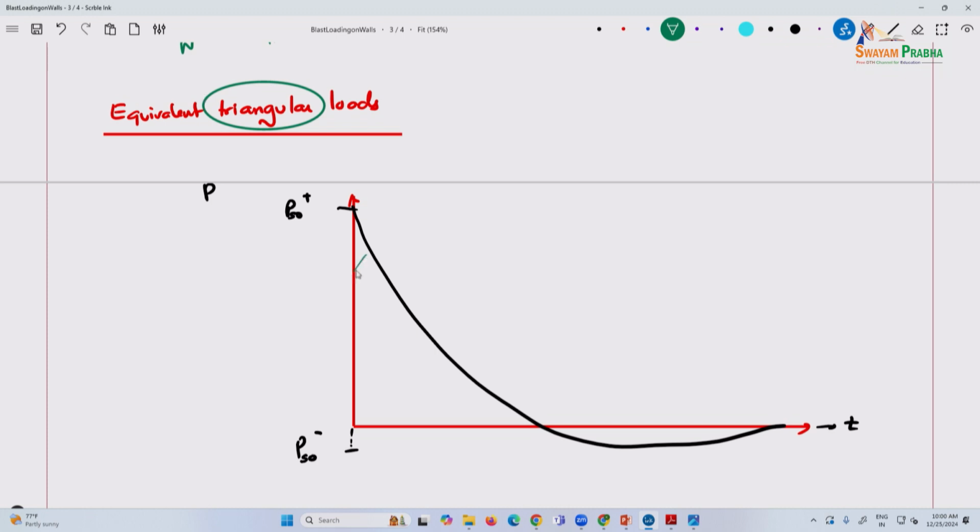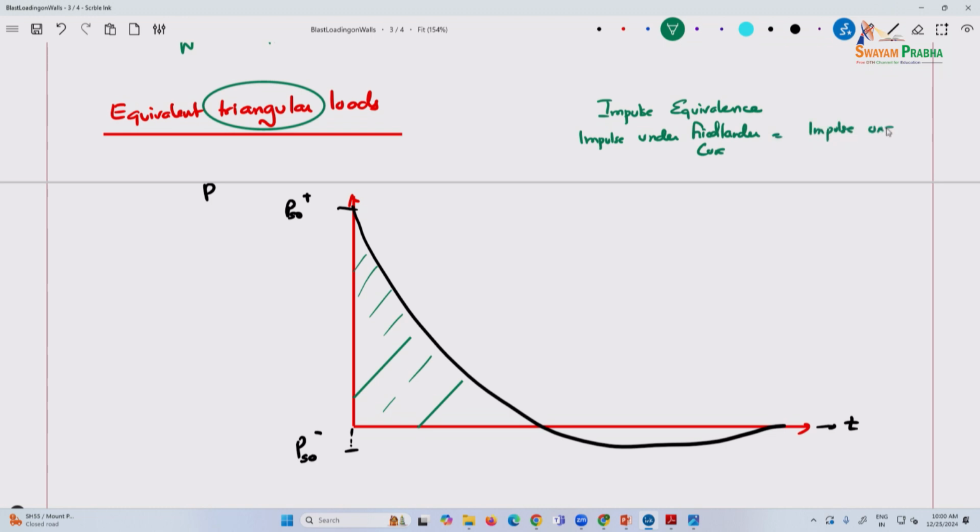So equivalence is based on the impulse. Basically, the impulse under the Friedlander curve is the same as the impulse under the triangular loads.